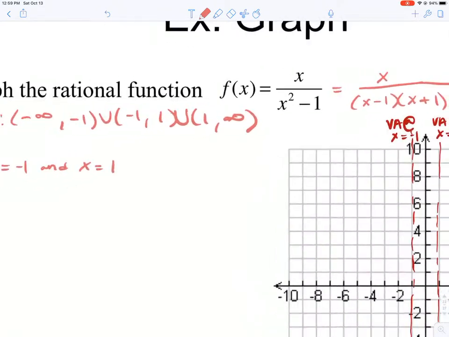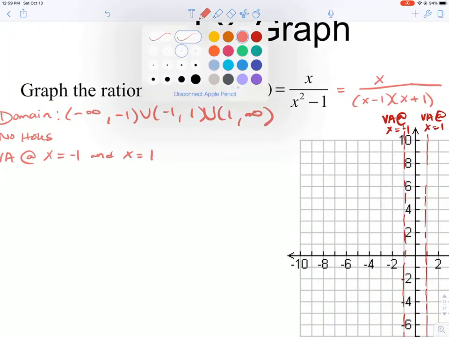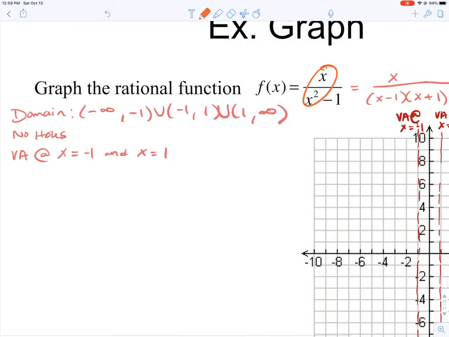Oh, end behavior asymptote. So we could think about finding the end behavior model. So 1 over x. That means that as x approaches positive or negative infinity, our end behavior model will approach 0, and so will f of x.